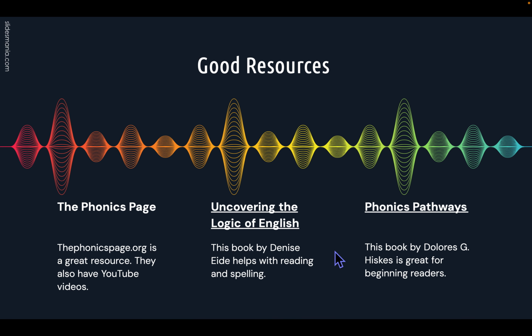Here are some other resources that can help you. If you have a beginner reader, Phonics Pathways is a helpful book. If your reader is ready to start dividing things into syllables, this book is probably too easy.